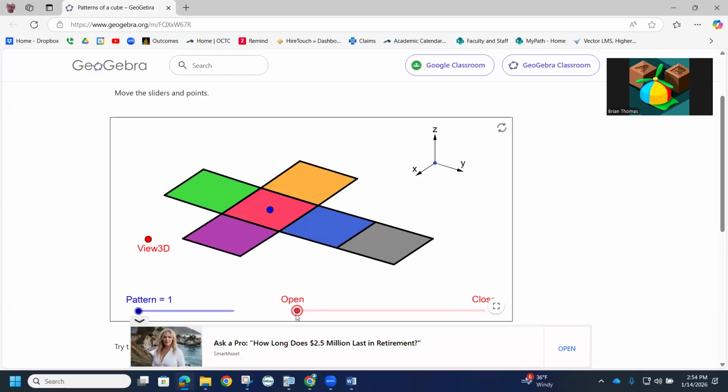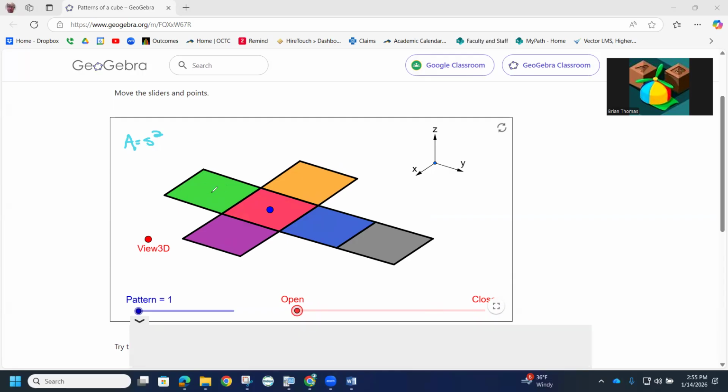Notice how each surface is the same amount of surface space. Since each face is a square, we can use the formula of a square: A equals side squared, and that would determine the area of each face.